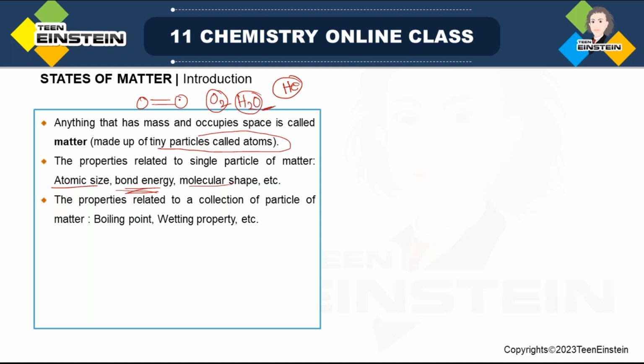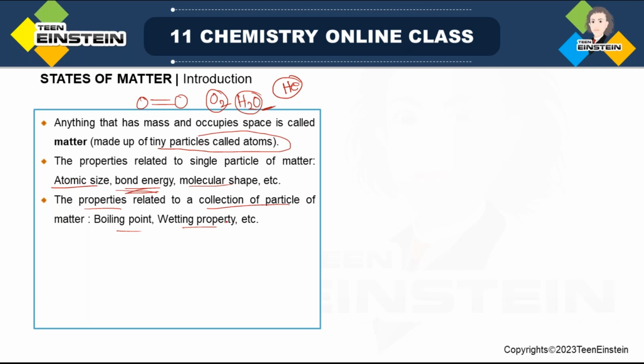And then there is another kind of property that is not related to a single particle. Now it is related to a collection of particles of matter. In this case, you can consider it from the macroscopic point of view, not microscopic, because now you are not considering a single particle. You are considering a large collection of particles together. Then only can you talk about all these properties. For example, boiling point or melting point.